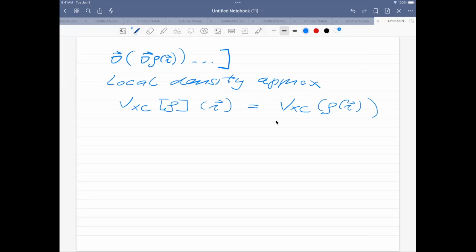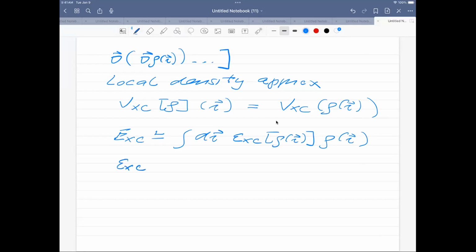And this local approximation now, if we look at the total energy, is given by an integral over a quantity which I'm going to call epsilon exchange of rho of R, multiplied with rho of R. And this epsilon xc of rho is called the exchange correlation energy, which is then used where we would typically use the results from the homogeneous electron gas.